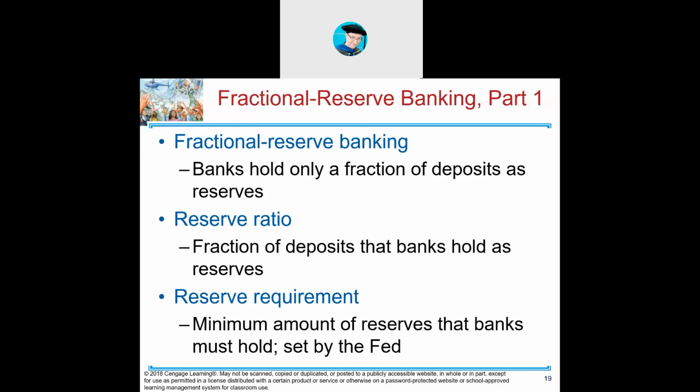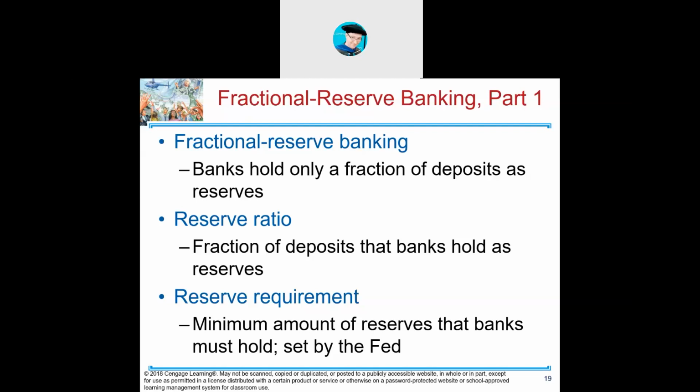So think of it this way. If there are 14 students in this class, and out of the 14 students, 7 students have savings accounts. Out of the 7 students that have savings accounts and they make regular deposits, the bank that they bank with will only have 3 out of those 7 students' cash in the bank set as reserves.